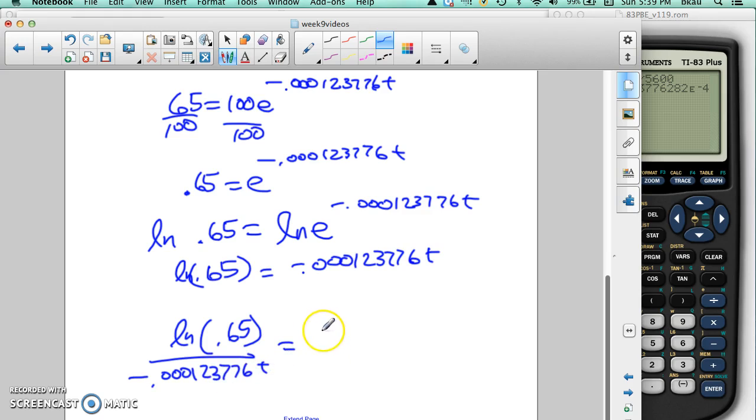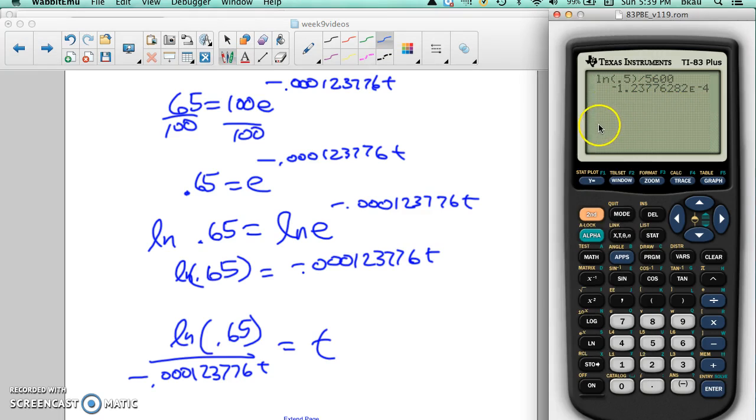Since my calculator already had this number in it, I can just use that in the process. Now I just have to take ln of 0.65 and divide it by my answer, including this negative symbol, because that's what the decimal was in there. So I'm holding the whole decimal in there and dividing by it, so I don't have to type it in again.